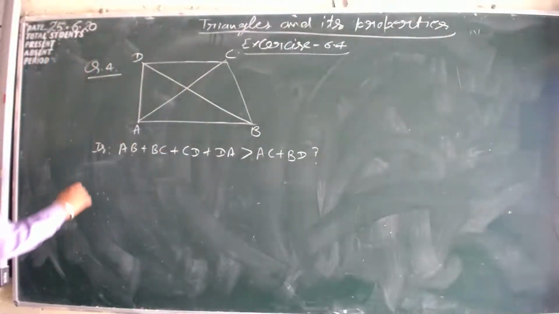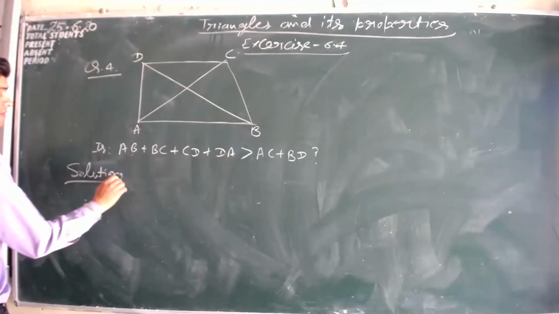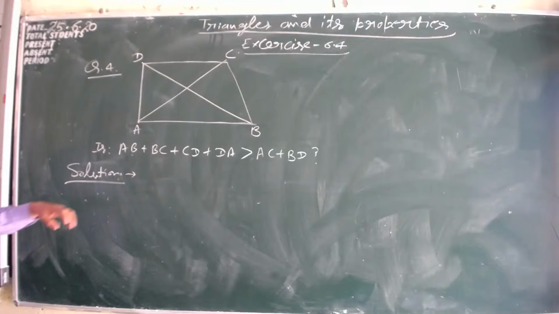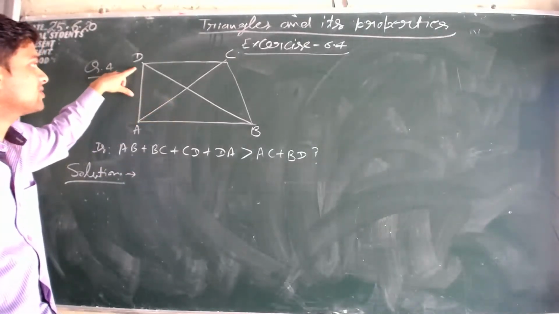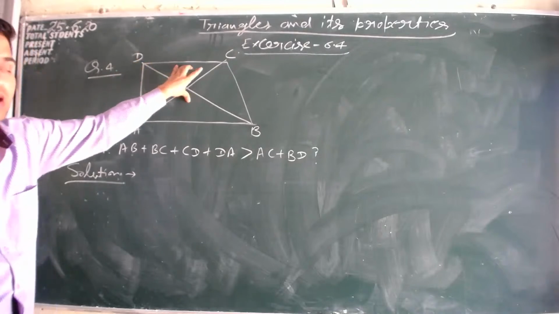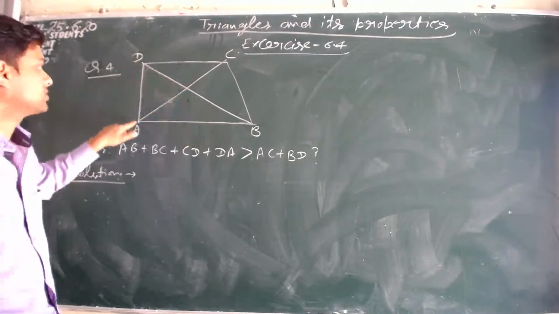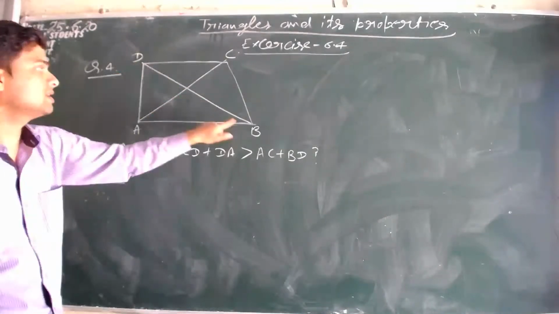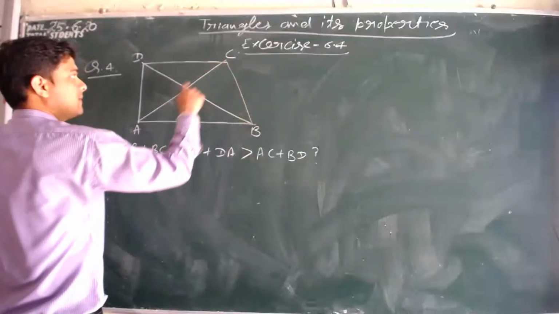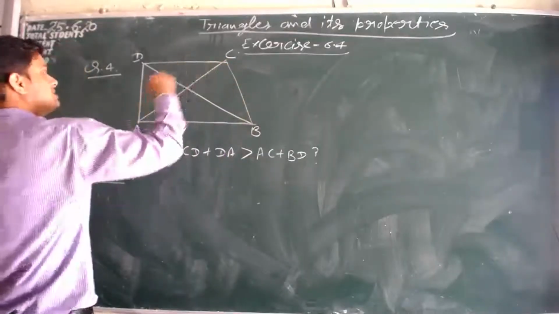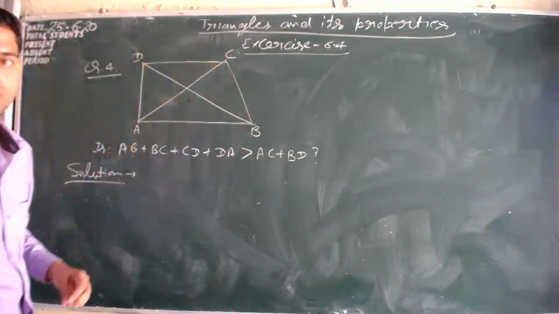For this, we have to consider some triangles in this figure. We can easily see that there are many triangles in this figure: ABD, triangle 1, BCD, triangle 3, and ABC, triangle 2, and so on.